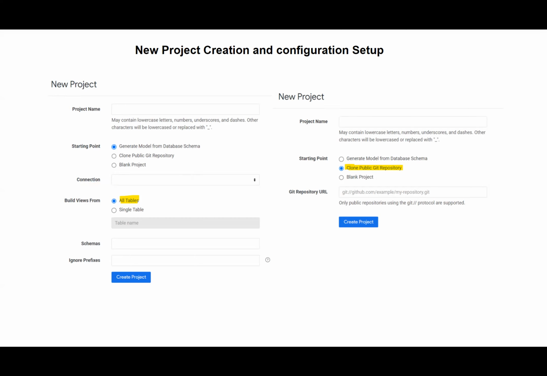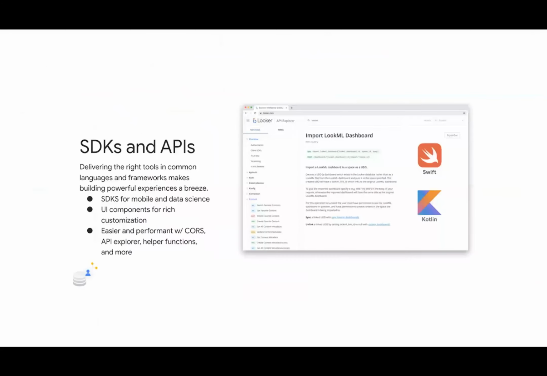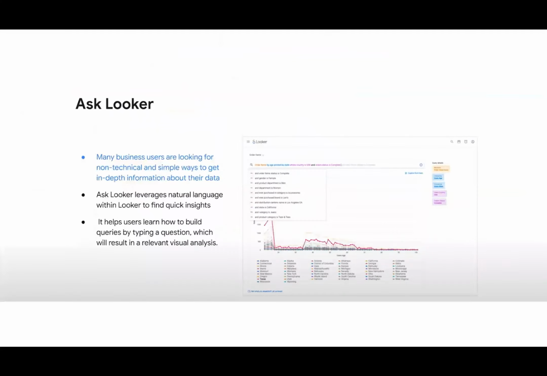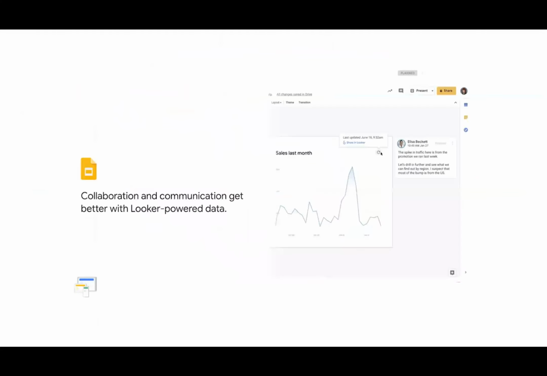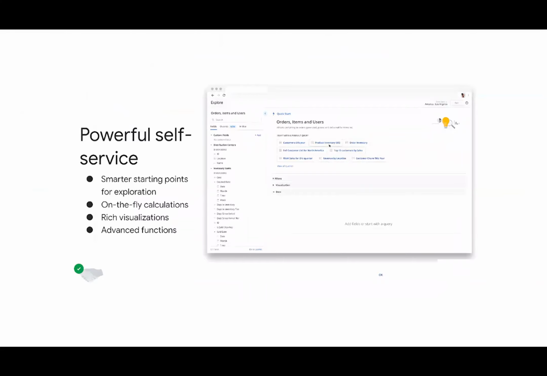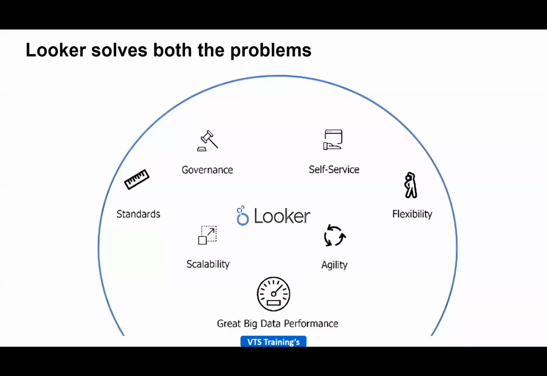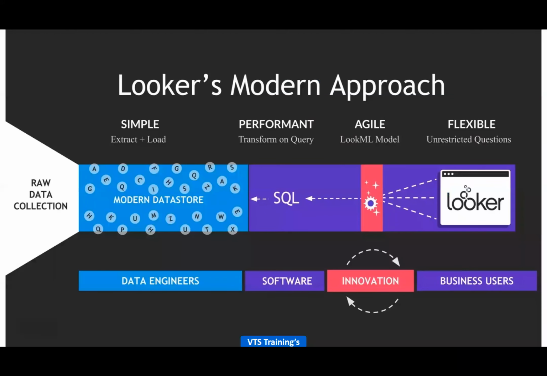Once you connect to the database, Looker intelligently reads all the tables and creates the basic LookML code. It extracts the metadata from the tables in the database and creates the basic LookML code.